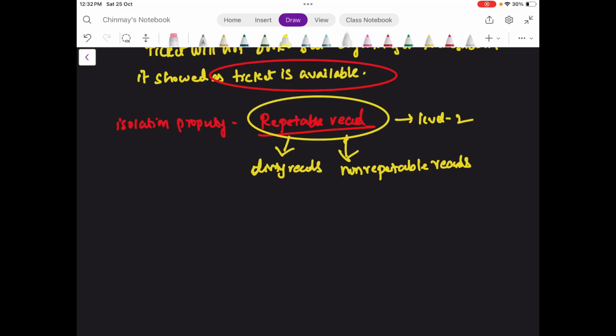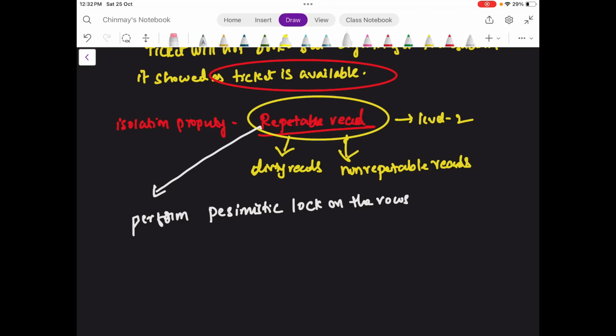Okay, what does repeatable read do? Repeatable read performs a pessimistic lock on the rows, on the particular rows the transaction depends on.